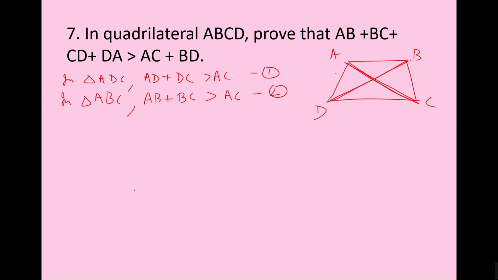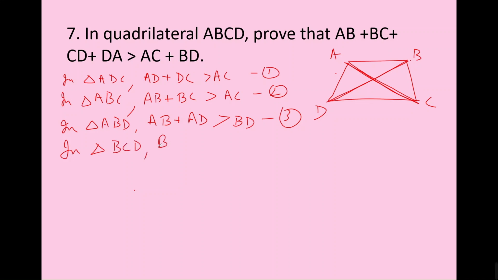In triangle ABD, I will have AB plus AD greater than BD. This is third. And in triangle BCD, we will have BC plus DC greater than BD. So our focus is on the diagonals. These are the conditions we can have based on the triangle inequality property.